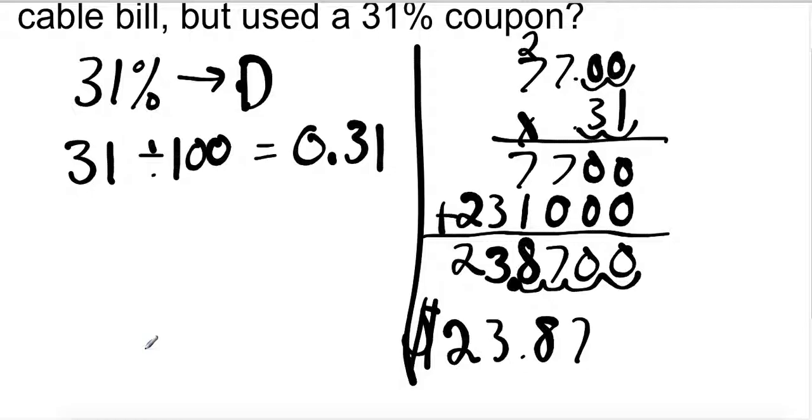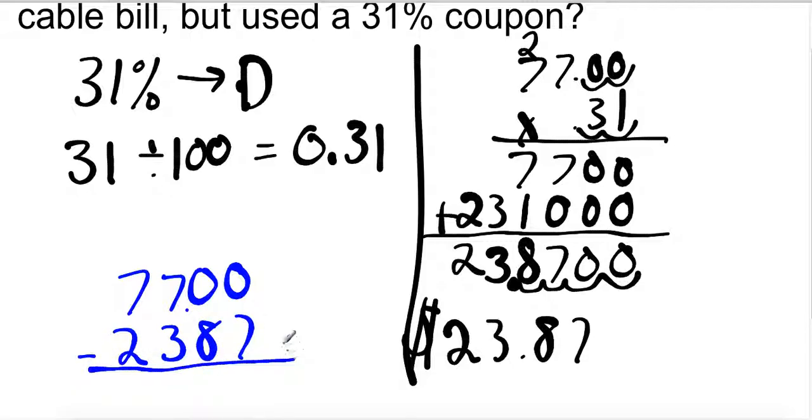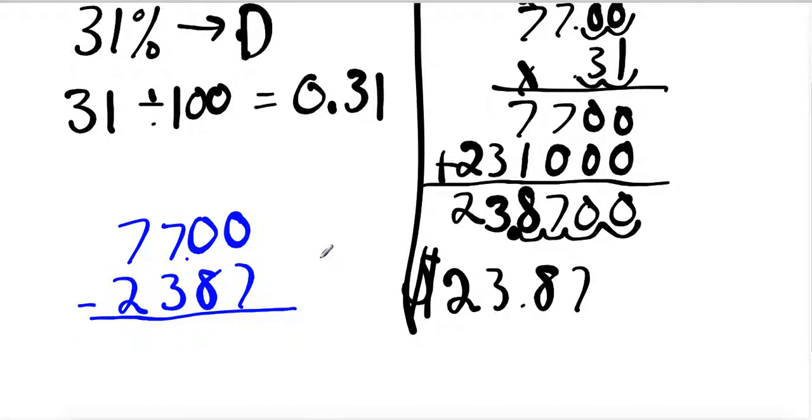Now, in previous examples, what we had done is we added the extra tax. But in this case, this is a coupon, so we actually are saving that amount. So instead of using addition, we're actually going to use subtraction for a coupon or any discount. So we're subtracting by $23.87. So I have to do a little bit of borrowing. And I'm actually going to use a quick little trick to help me. Instead of having to borrow all these things, I'm going to subtract each of these by 1.